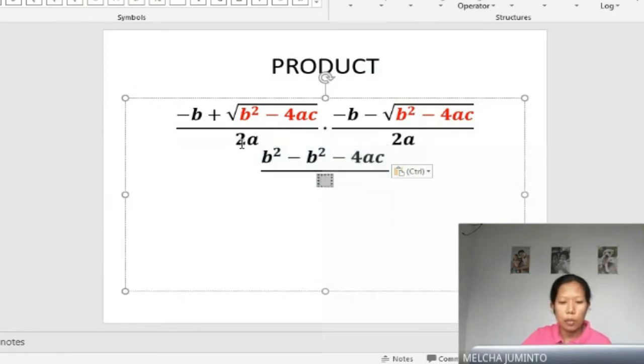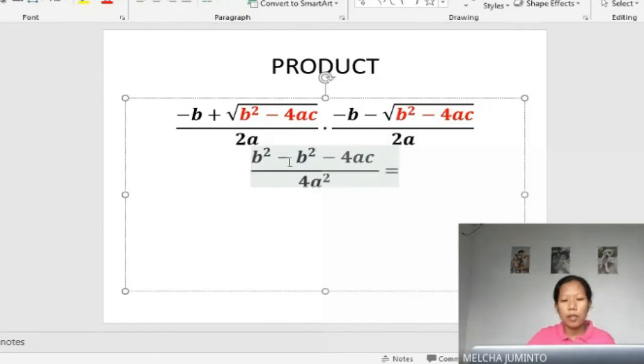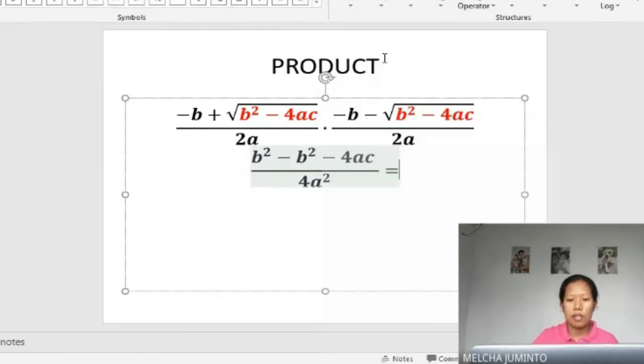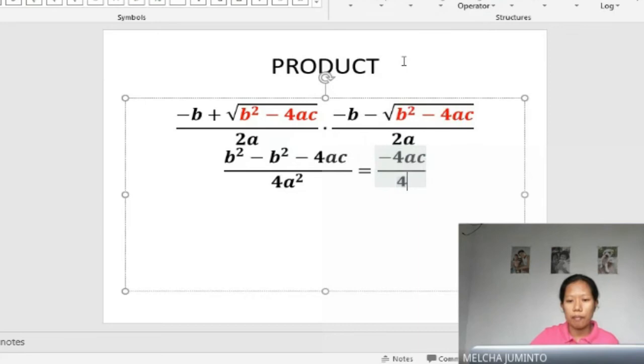And then multiply 2 times 2, 4, and a times a, a squared. And then simplify the equation. b squared minus b squared is 0. What remains will be negative 4ac all over 4a squared.